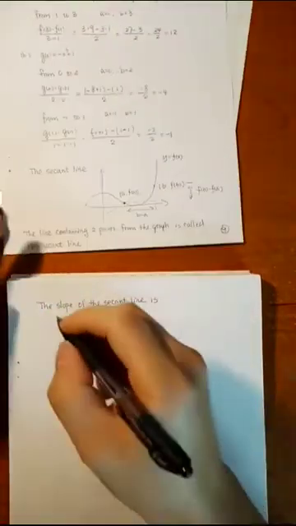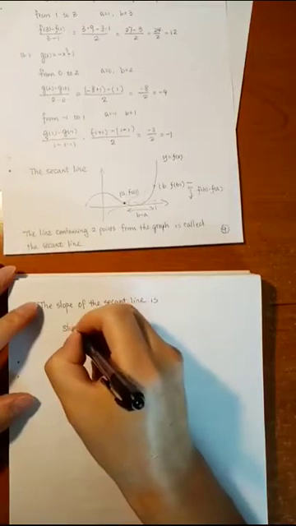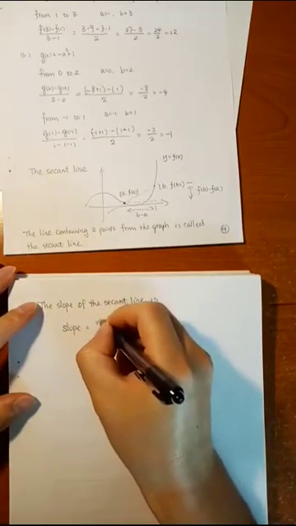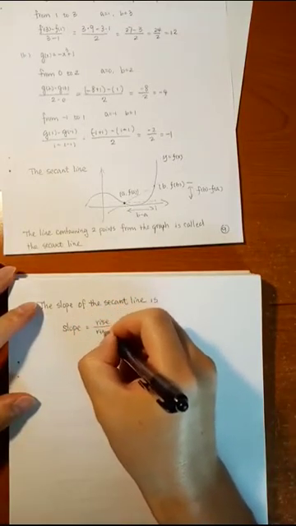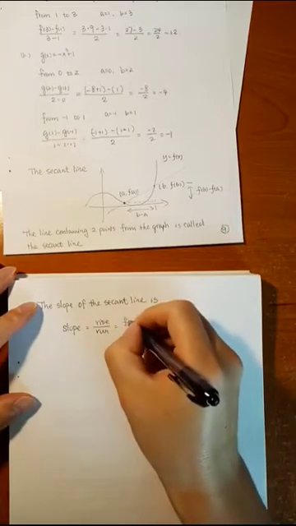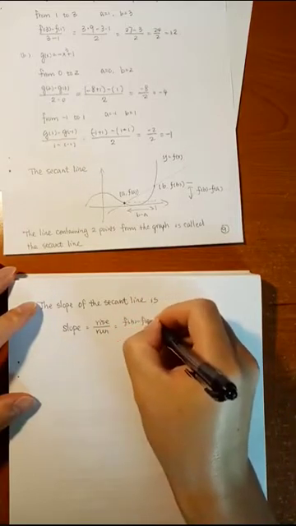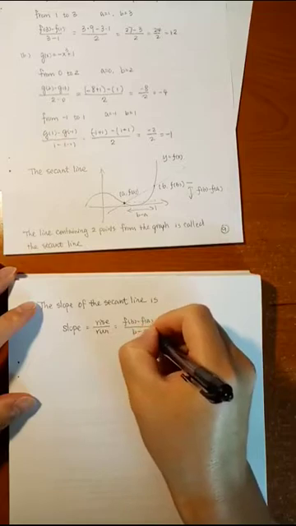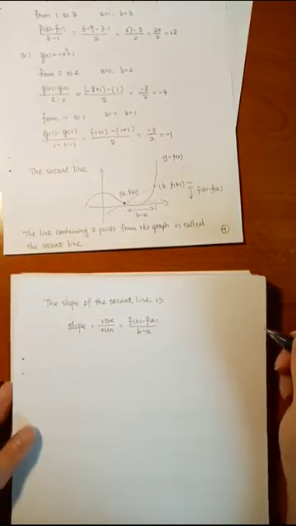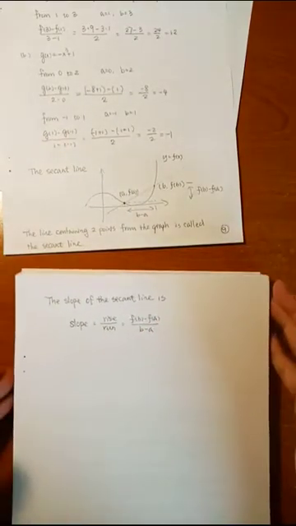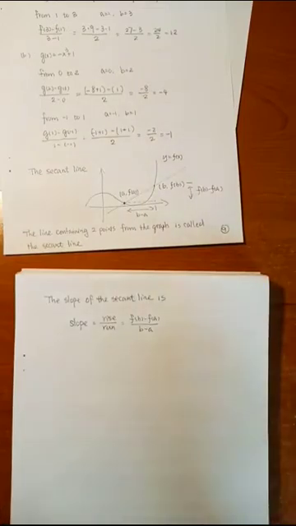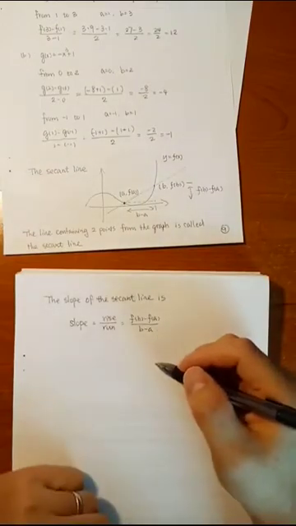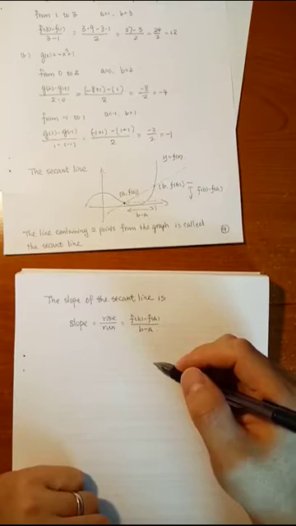So the slope is rise over run, f(b) minus f(a) over b minus a. So that's a geometric concept. Check this. This is exactly the average rate of change.